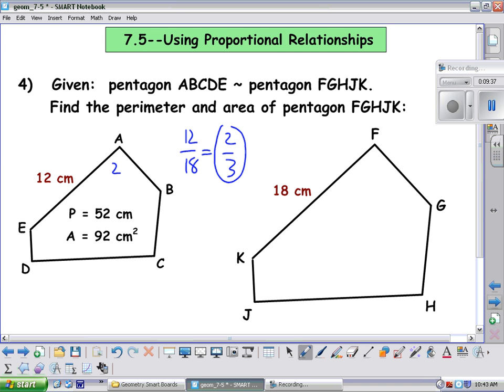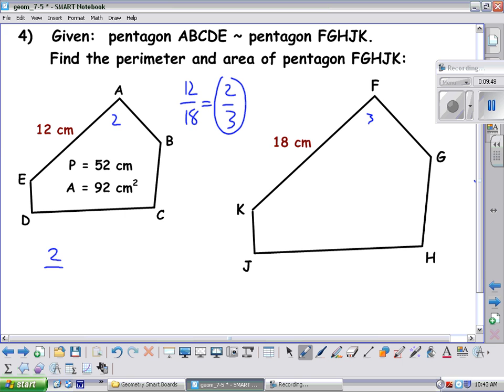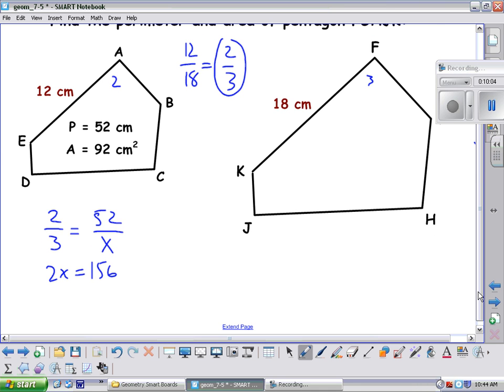All right, 2 over here is to 3 over there is my similarity ratio. All right, so my perimeter ratio must hold that way. In other words, 2 is to 3 as 52 is to x, the perimeter of the big guy on the right. 2x equals 156, and x equals 78 centimeters.